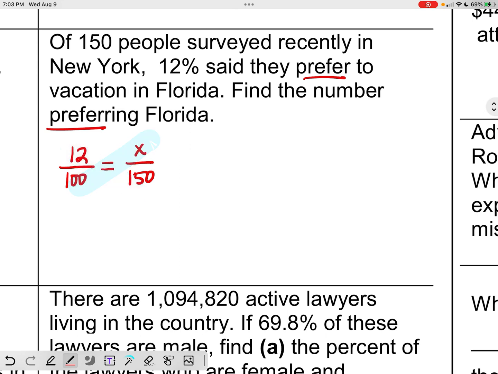We'll get to that later. You could also do 12% as a decimal and do 0.12 multiplying by 150. That's my preferred method. So if I multiply those two pieces, 18. So 18 people of the 150 prefer it.